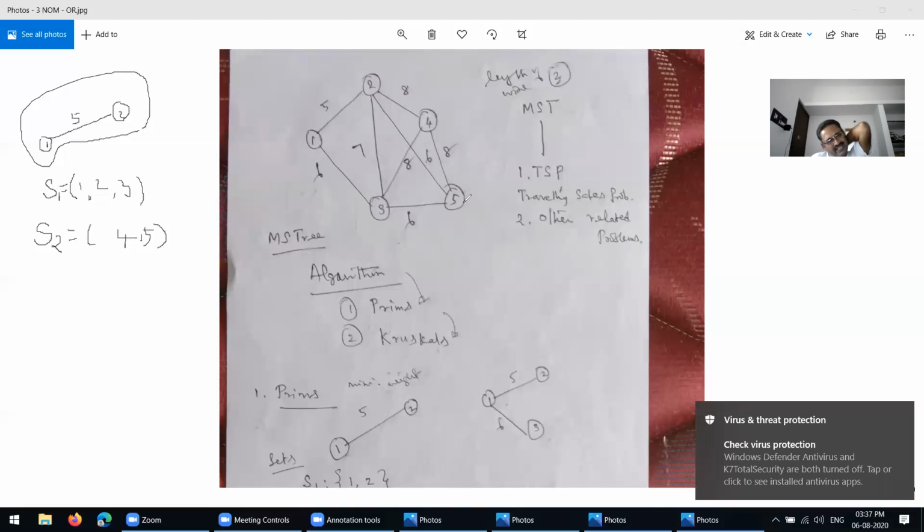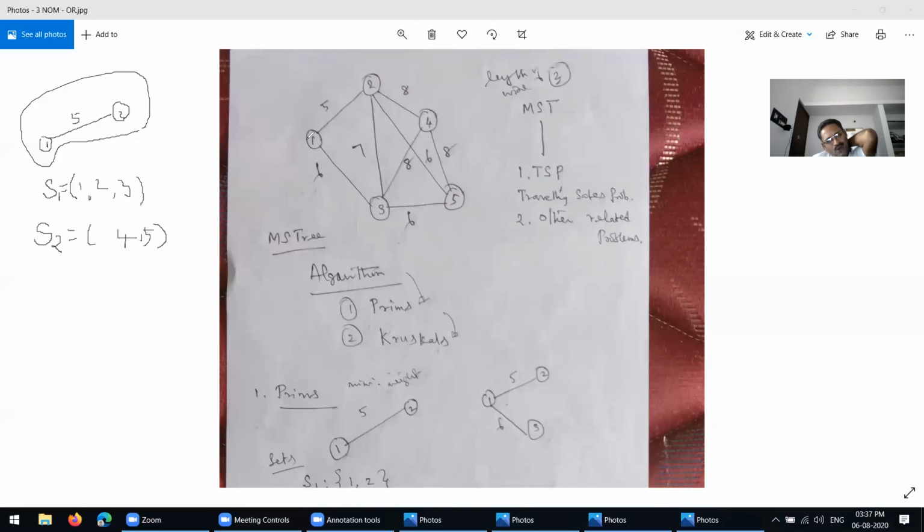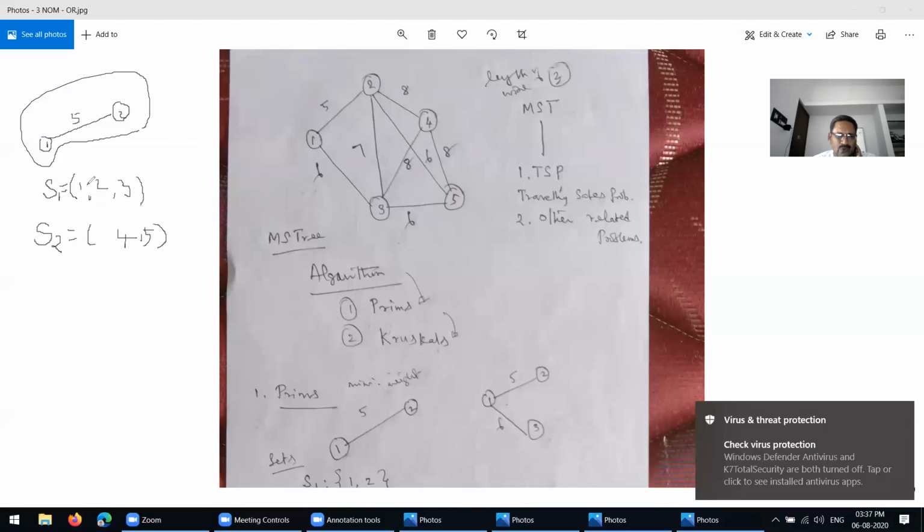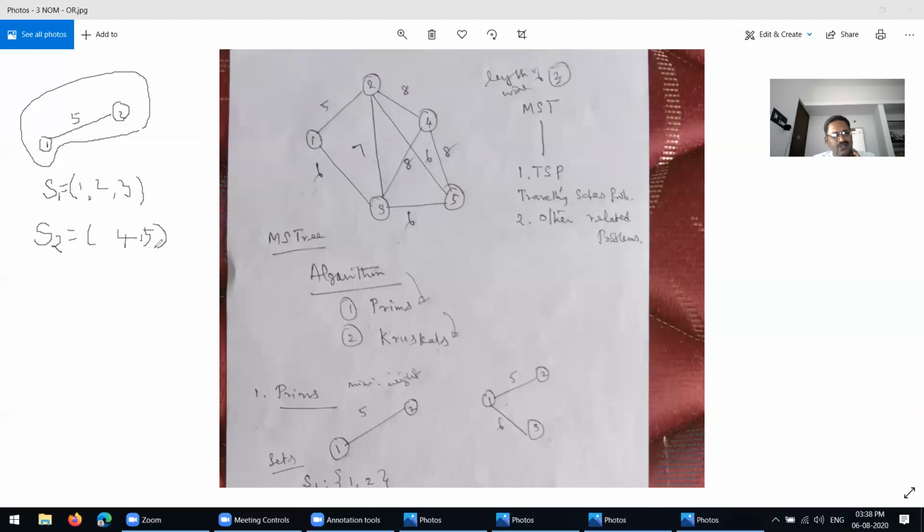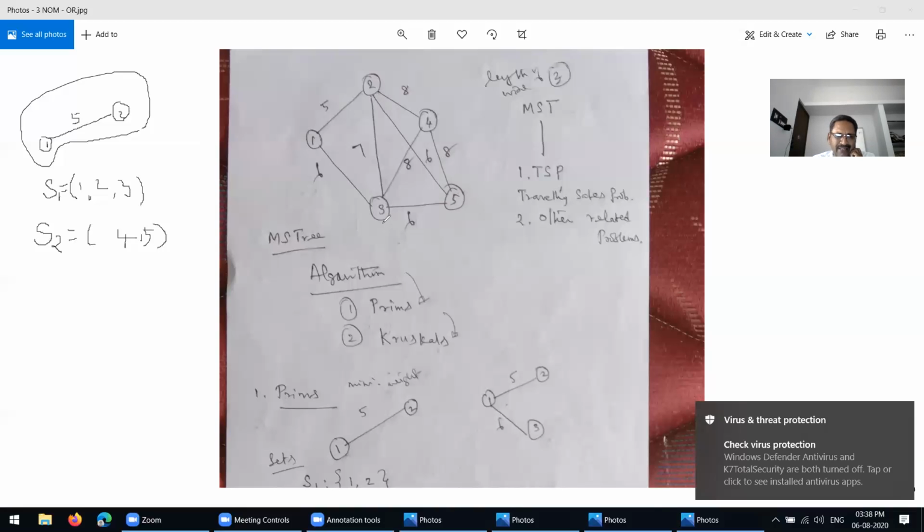Now we write 1 to 2, then 2 to 4 is 8, and 3 to 4 is 5. Which one do you take here? 2 to 5 is 6, and 3 to 5 is also 6.